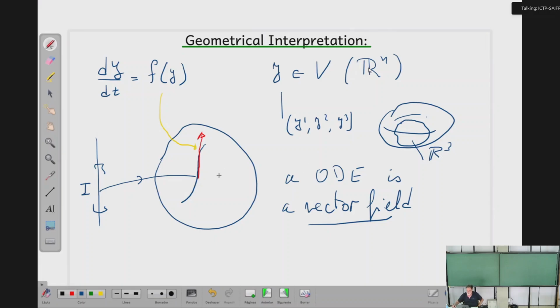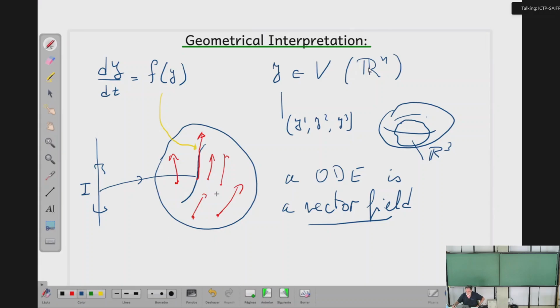So a vector field is an assignment of a vector to each point on a manifold or in a vector space. So I have vectors here. At every point I look, I have a vector. And what is a solution? Well, the solution is an integral curve.